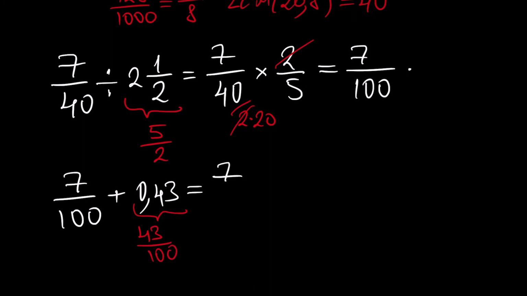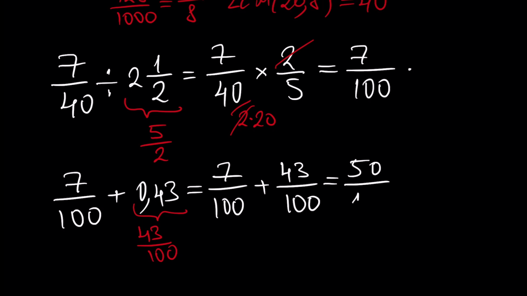And we write 7/100 plus 43/100. This is 50/100. And if we divide both sides, numerator and denominator, by number 50, it will be 1/2. And this is our final answer.